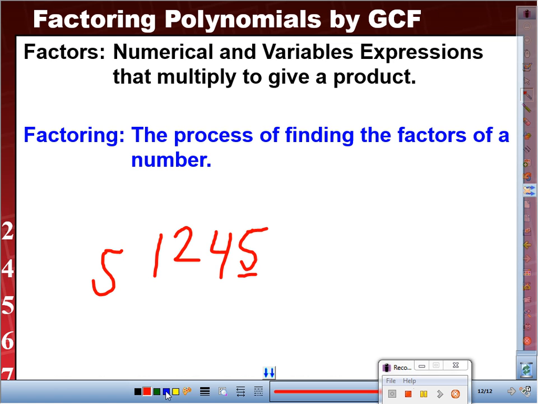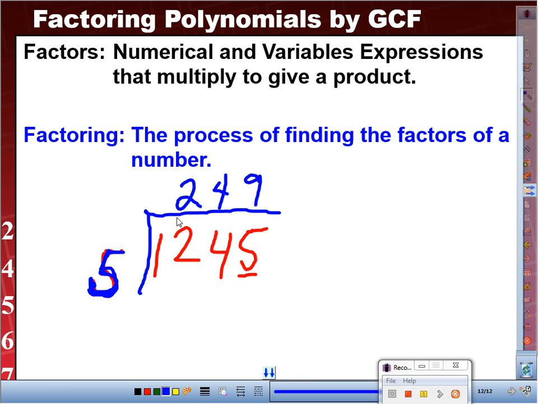What is the other factor? Wait. What are you doing to find the other factor? He said dividing. Is that correct? So you would divide in here, so it would be 2, 4, 9. Therefore, my factors are 5 and 249.